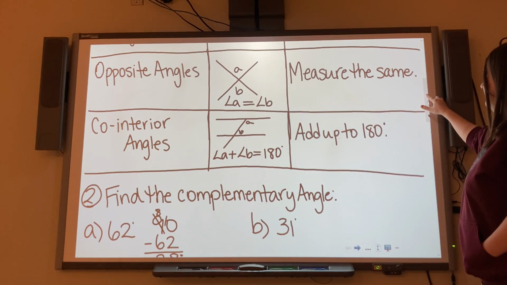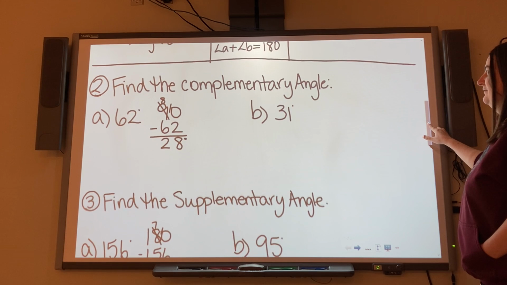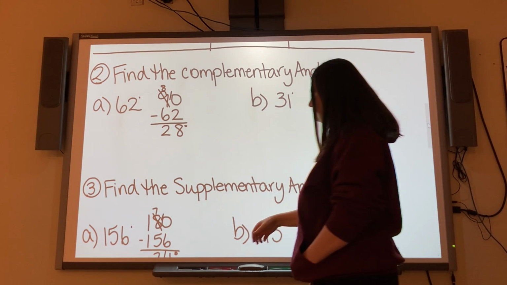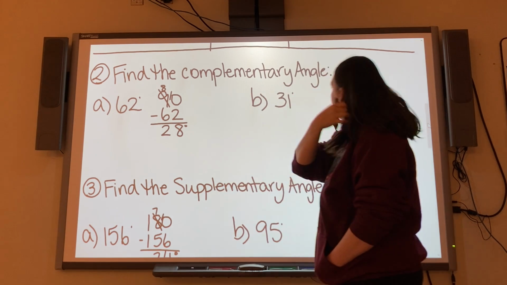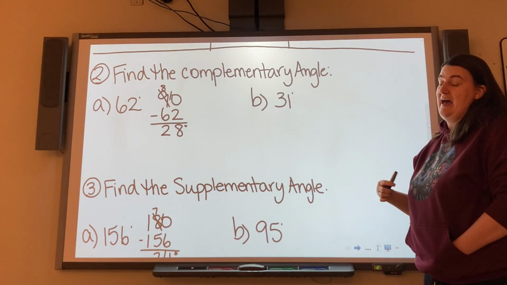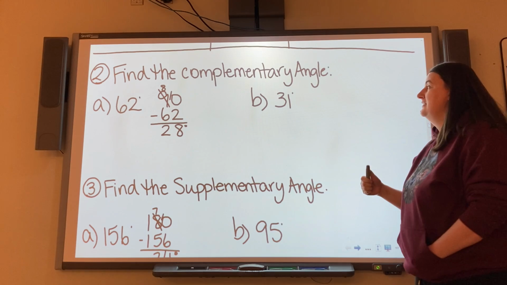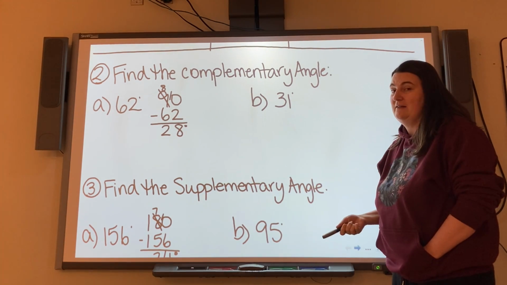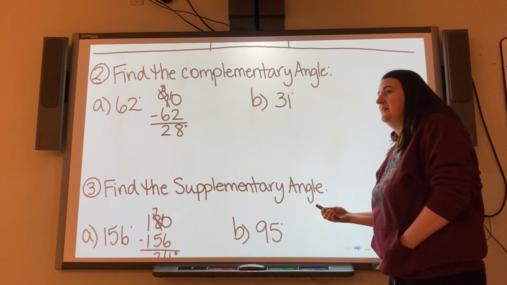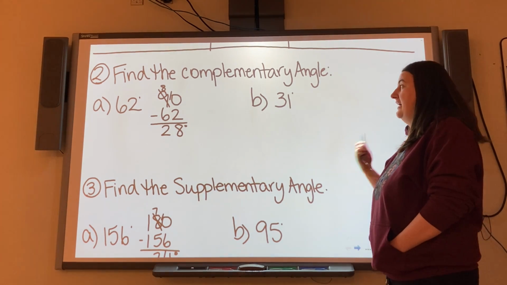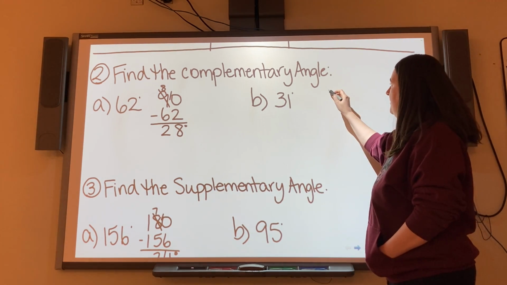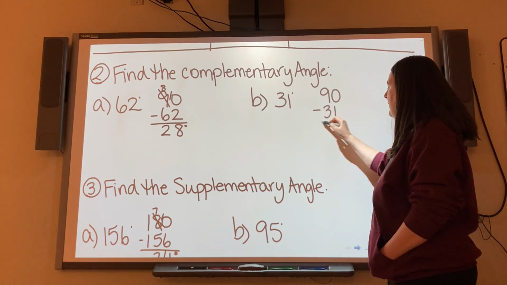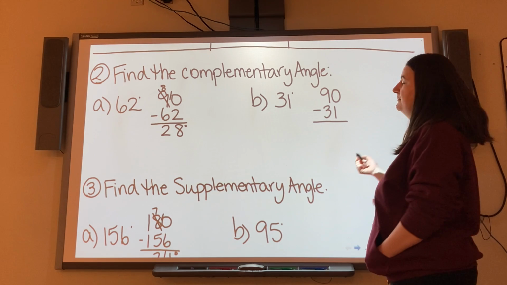All right, so yesterday we did A, and now we'll do B. Complementary angles add up to 90 degrees. So if I have one complementary angle that's 31, I need to find the missing complementary angle that will add up to 90. So I take my 90 and I minus the one that I know to find the missing one.